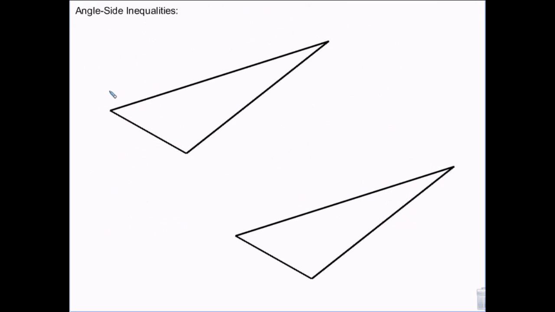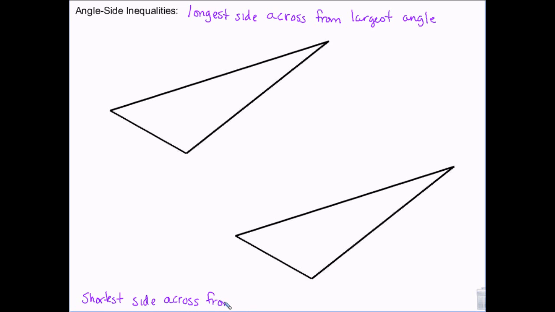Okay. What we have is that the longest side is across from the largest angle. And we have that the shortest side is across from the smallest angle.